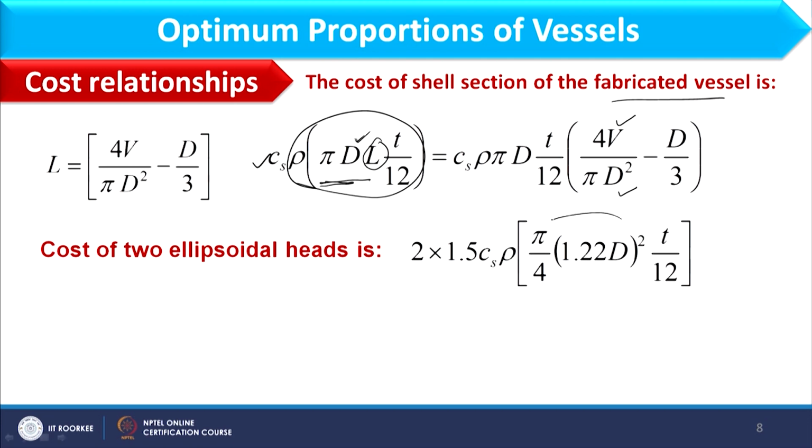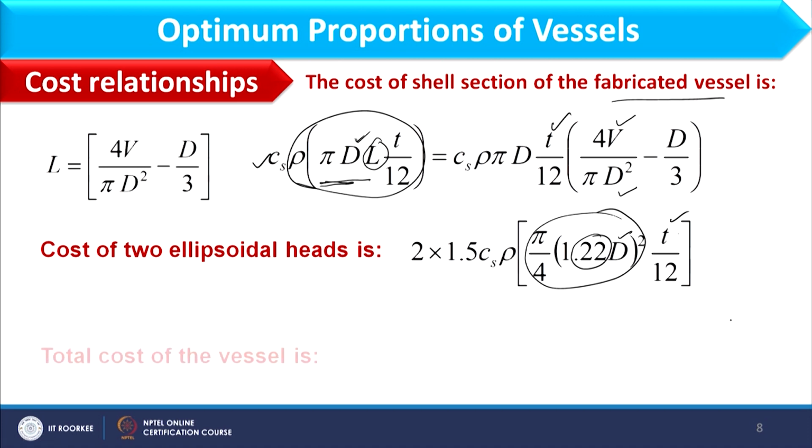It means this is the cross sectional area of the metal sheet from which the head will be prepared. So that diameter is usually 22% higher than the diameter of the shell, into T by 12, because T is the thickness of that head. And here, because we have considered the same thickness for shell as well as head, both T are equal, this T as well as this T, otherwise you can consider different T's also.